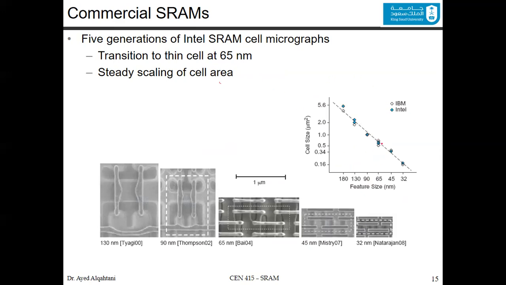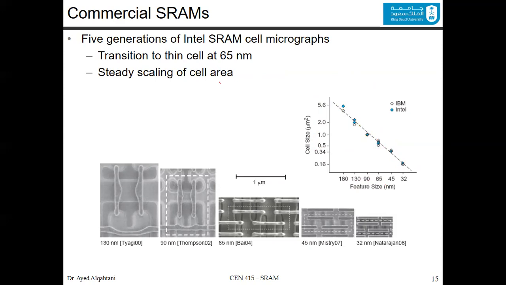This is a small picture here where you are comparing feature size with the cell size, and you can see that the relation is linear, and the slope is negative, where the cell size is reduced with the feature size. So with each newer generation of memory, we have a smaller feature size, and in turn, because the transistors are small now, we have a smaller cell size as well.